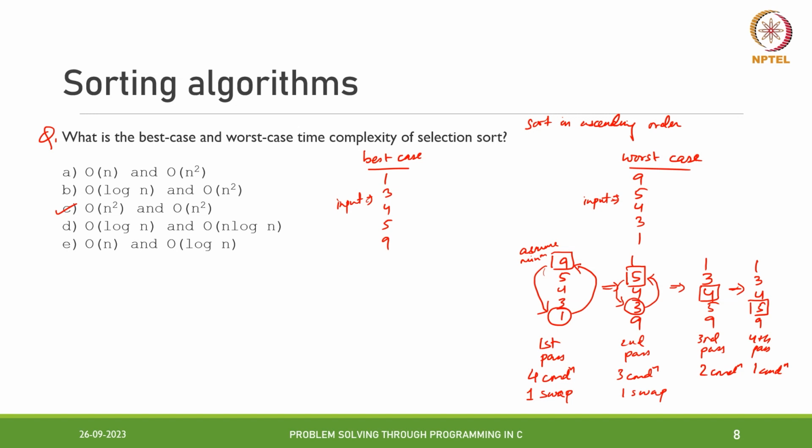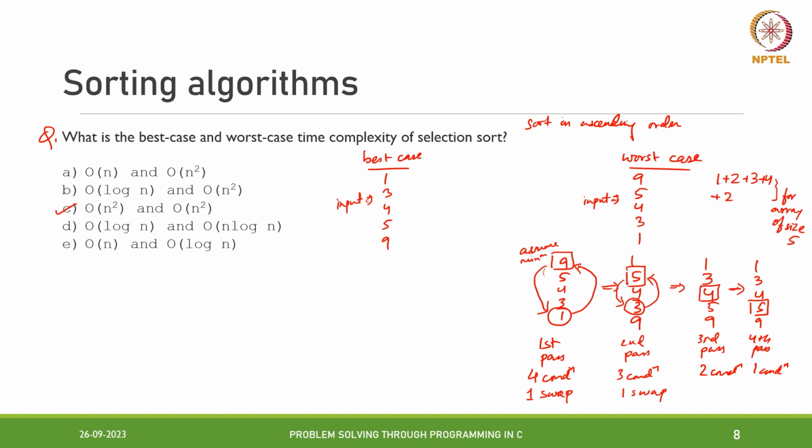So how many operations did we require? If I count the number of conditionals, it will be 1 plus 2 plus 3 plus 4, plus we have 2 swaps. This is for an array of size 5.